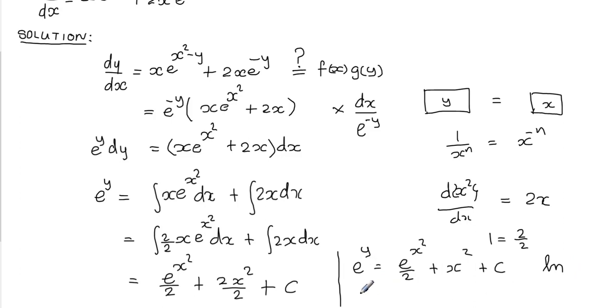Then when you apply it here, we simply get y. Then you get y equals the ln of (e to the power of x squared divided by 2 plus x squared plus c). I put that in brackets because ln does not accept negative arguments, so this is the absolute value of this expression. At that point, we have found again the general solution of the equation we're looking at.